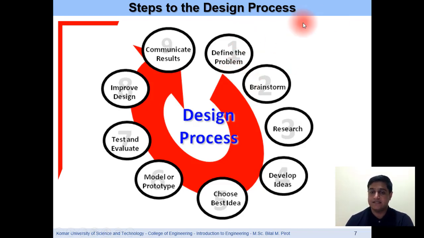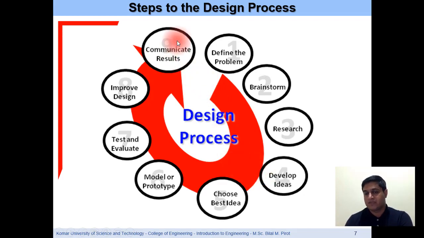The first step is defining the problem. Second is brainstorming. We will talk about these steps in detail one by one. The third one is research, developing ideas, choosing the best idea, model or prototype, test and evaluate, improving the design, communicate the results. These 9 steps are very important to follow, and they are the basics for designing anything.